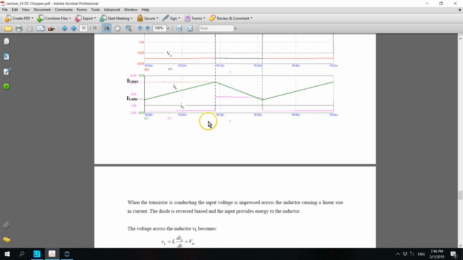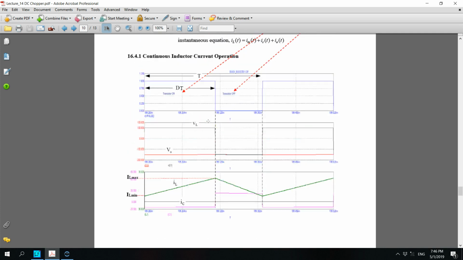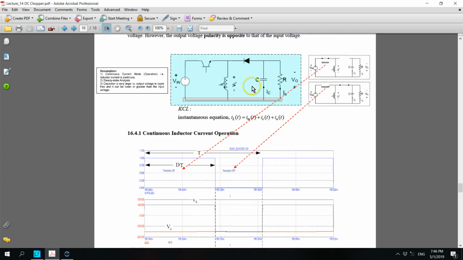Okay, during the turn on, something we need to note is that while the switch is on, IC equals negative I naught, isn't it?